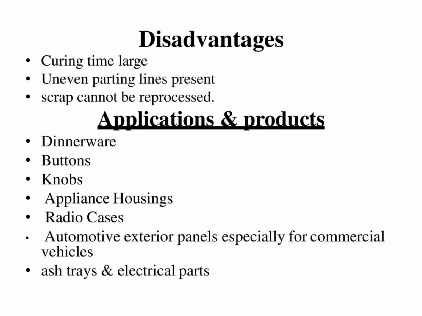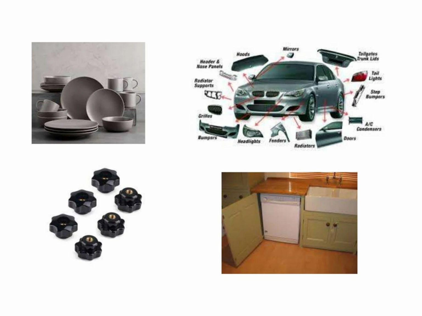For the applications and products of compression molding, examples are dinnerware, buttons, knobs, appliance housing, radio cases, automotive exterior panels, especially for commercial vehicles, ashtrays and electrical parts.